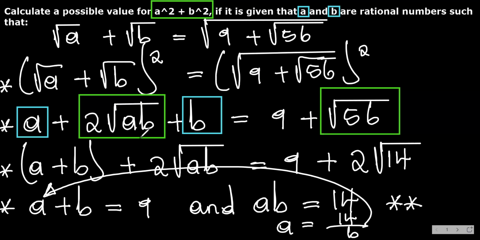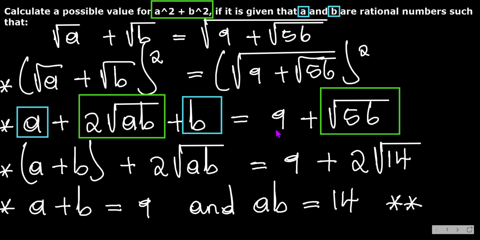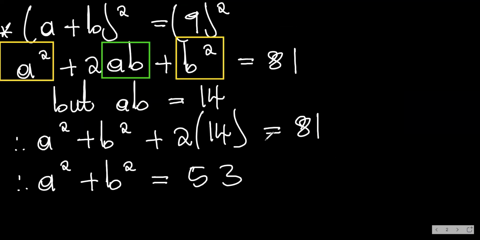Then solve for B, find the value of B, then find the value of A, and then square both of them. You could have done that. But there was no need because we know that when we square this, somewhere in that expansion, AB is going to come up.